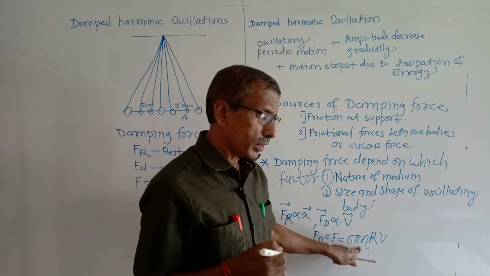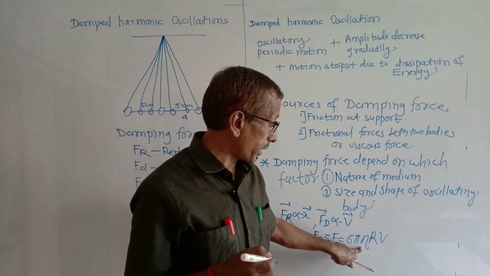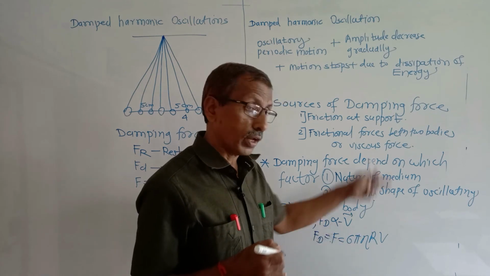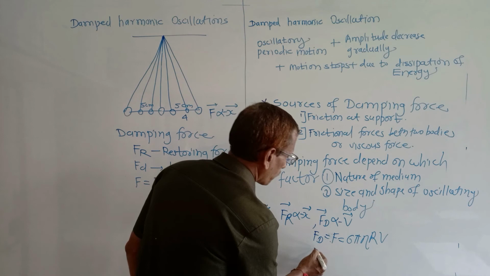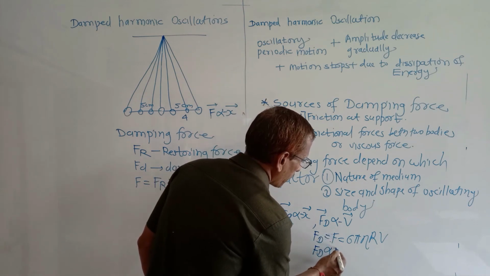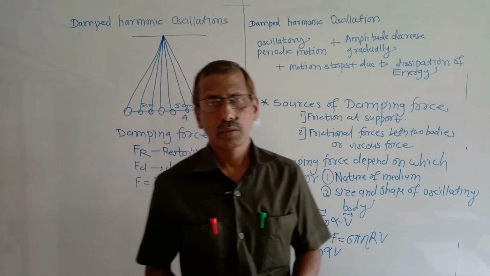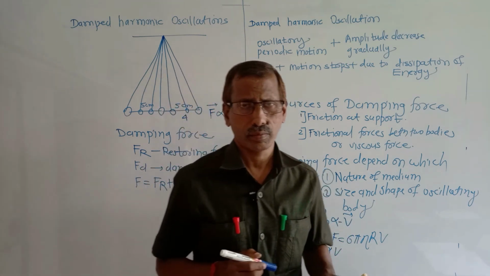The coefficient of viscosity of the liquid is also constant. The radius of the sphere is also constant. So from this we conclude that the damping force is directly proportional to velocity, and it opposes the motion, so they are in opposite directions.